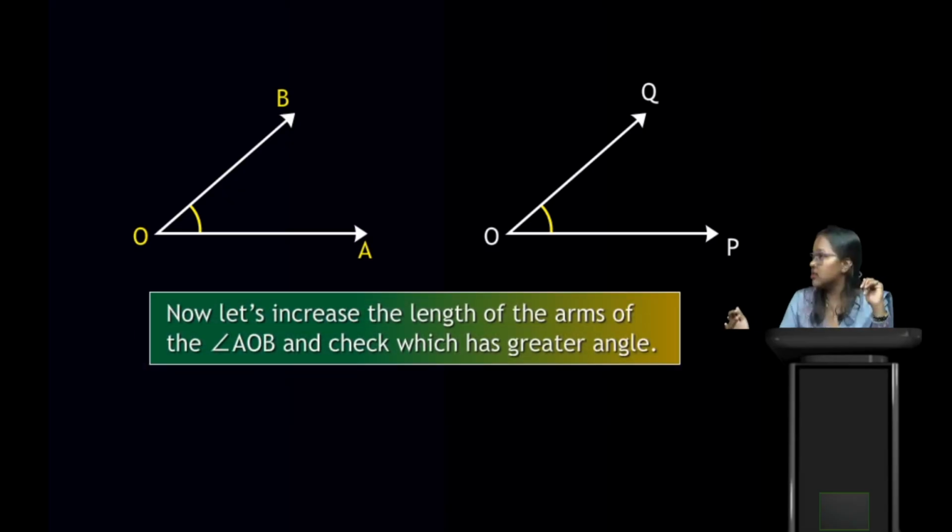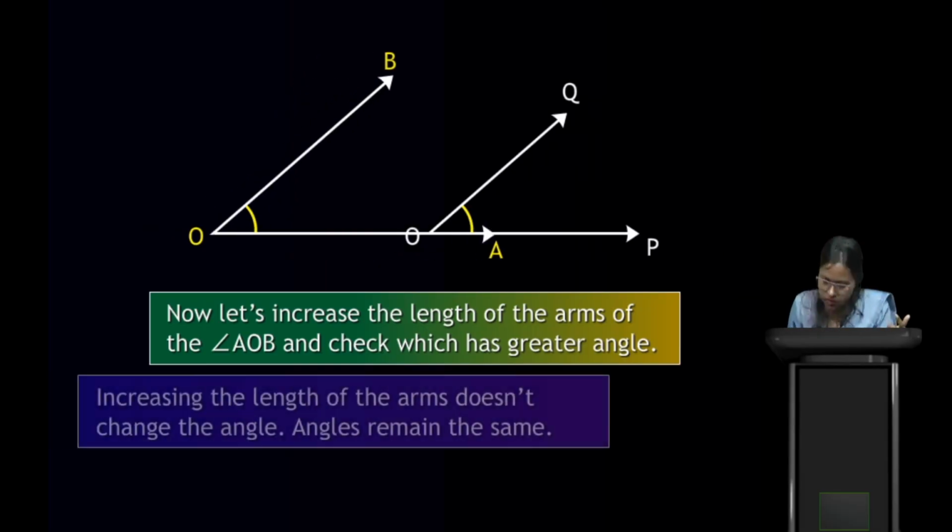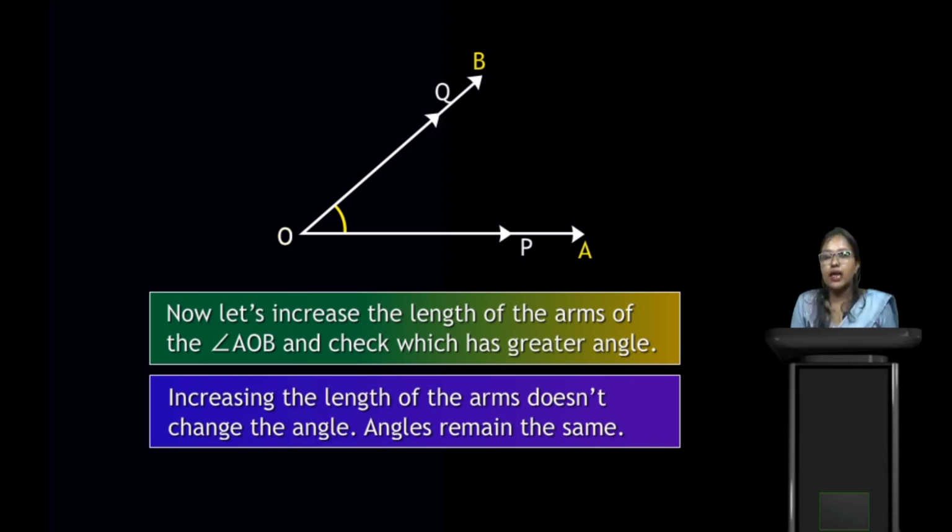Now, let's increase the length of the arms of the angle AOB and check which is the greater angle. Now, they are not telling you to shift. No need to shift. You have to just increase the length of the arms. Let's see what will happen at that time.